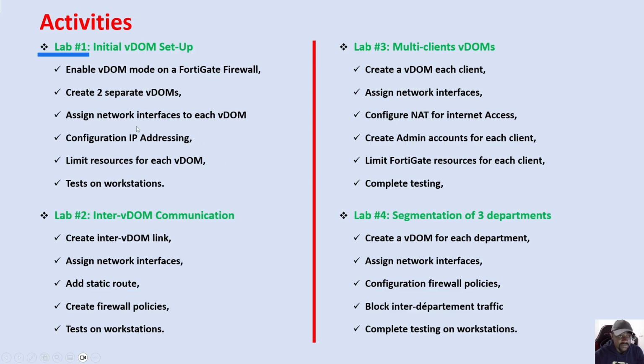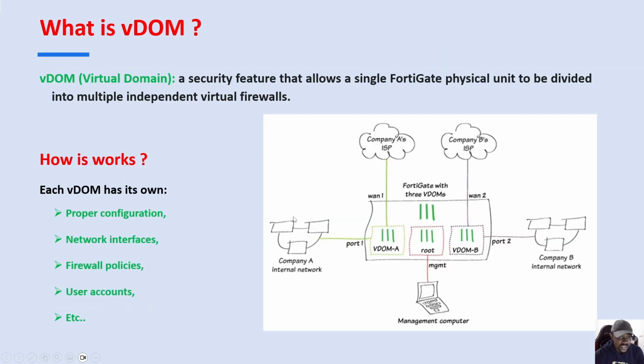Before entering the details of these activities, let's take a few minutes to explain some key concepts related to vDOM. So what is the vDOM? vDOM is a security feature that allows a single physical FortiGate unit to be divided into multiple independent virtual firewalls.